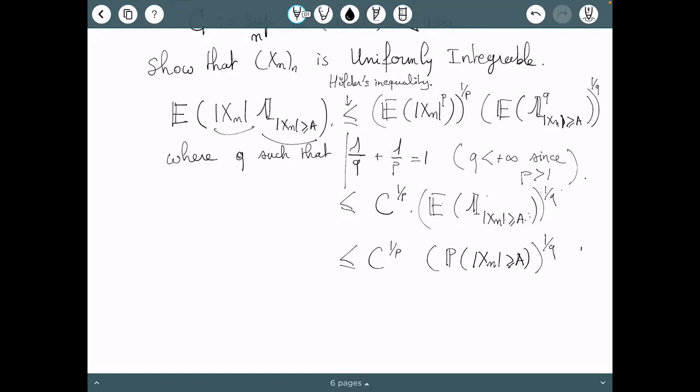Now maybe we apply Chebyshev's inequality. Yes, exactly. Or something like this. Sometimes I'm confused about what people call Markov's inequality, Chebyshev's inequality, and so on. So just this inequality, where the variance is in the numerator.